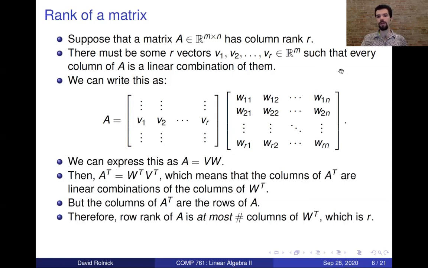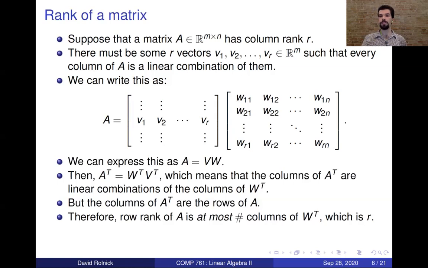It's at most the number of columns because since all of the columns of A transpose can be written in terms of the columns of W transpose, all of the rows of A can be written in terms of the columns of W transpose. And so there might actually be more columns than we need. So the row rank is at most the number of columns. And the number of columns is just the number of rows of W itself, which is R.